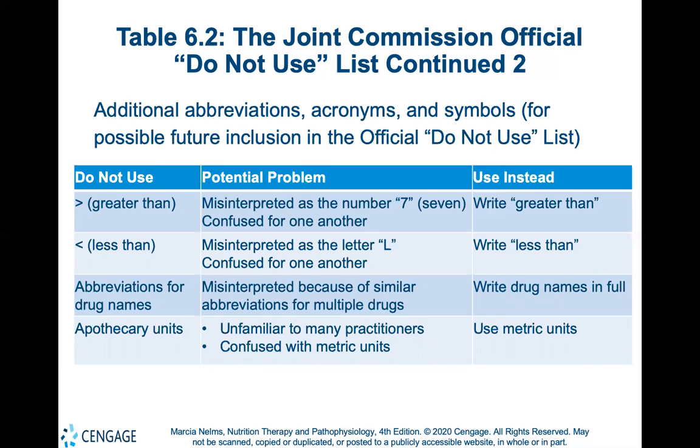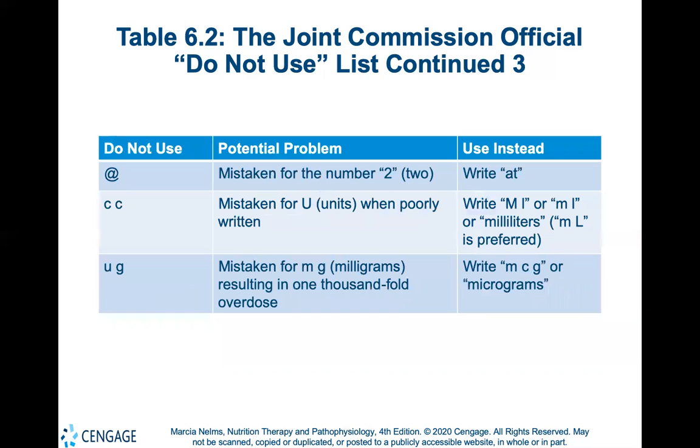Instead of using the less than sign, write the words less than. Instead of doing the symbol for at, write the word at. Instead of using cc's, write milliliters. You can abbreviate it with capital M, L, or you can write the word milliliters.